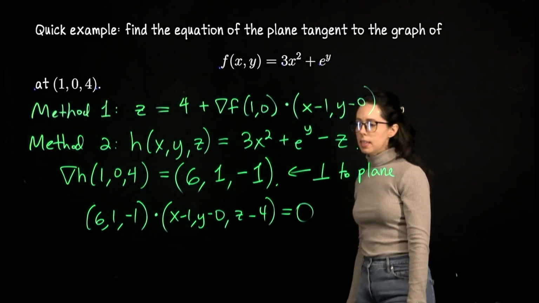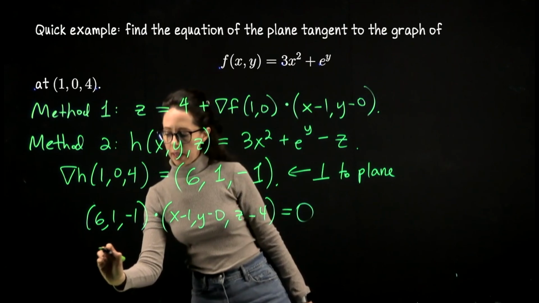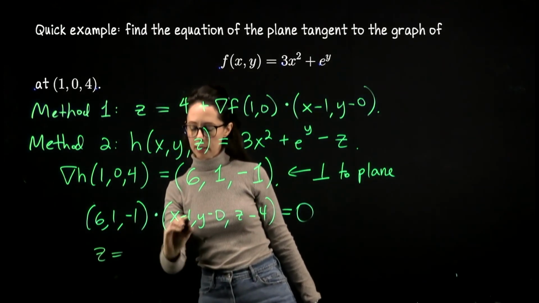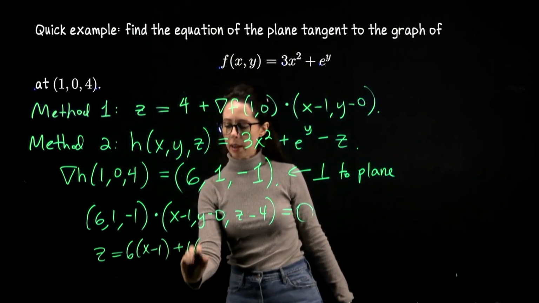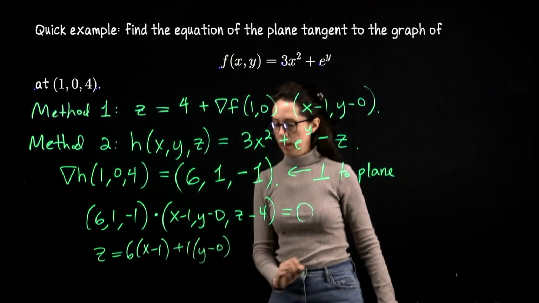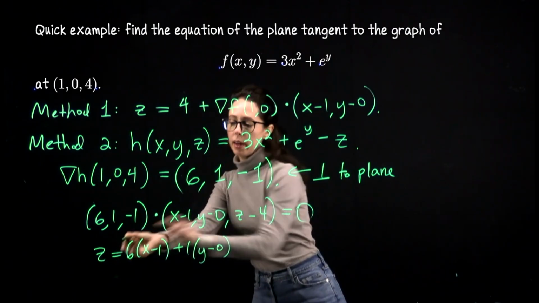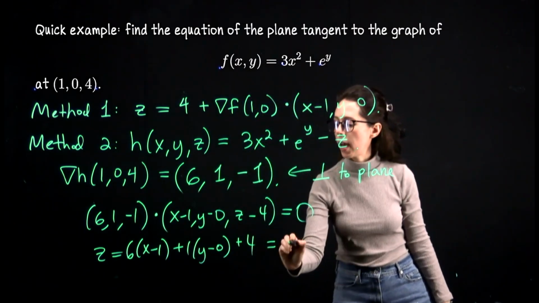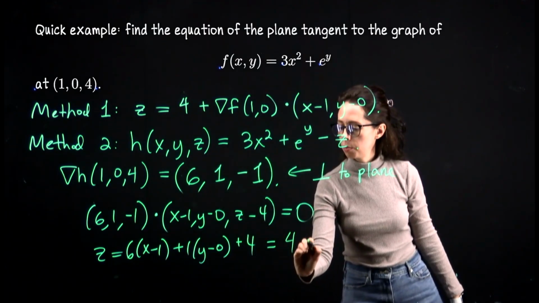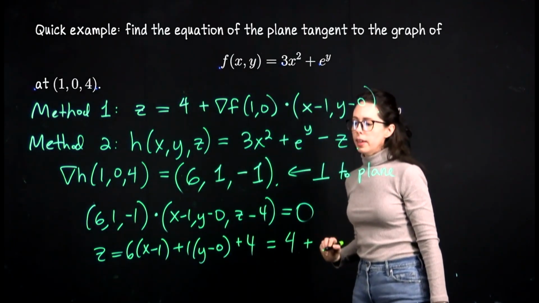Expand, isolate z, and we'll get z equals 6 times x minus 1 plus 1 times y minus 0 minus z, that's what I put over here, plus 4. Let me rewrite that a little bit differently as 4 plus, I think I actually won't expand.